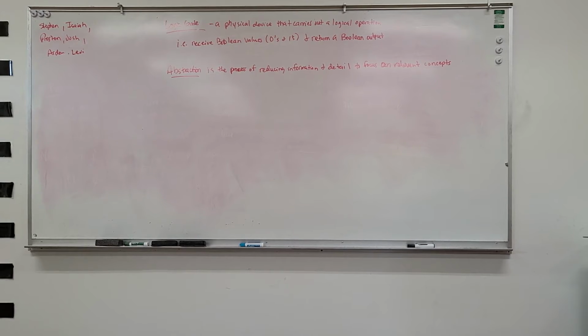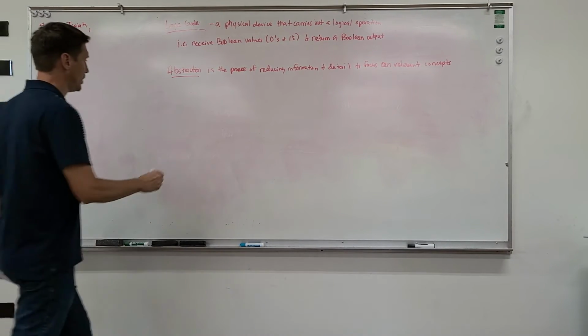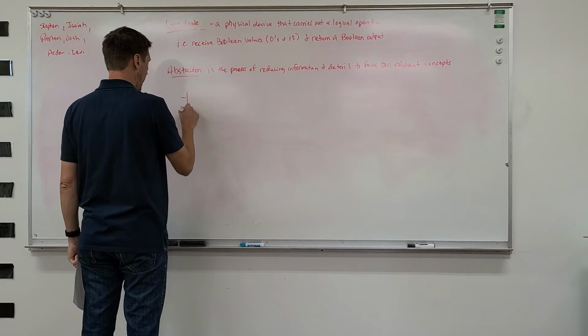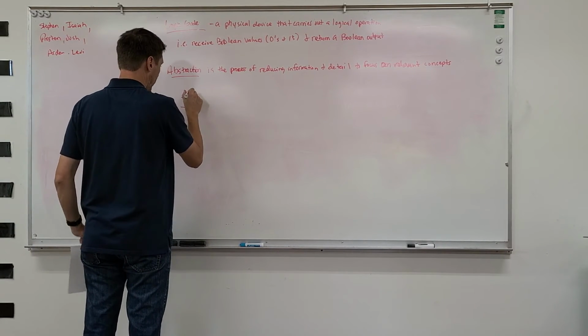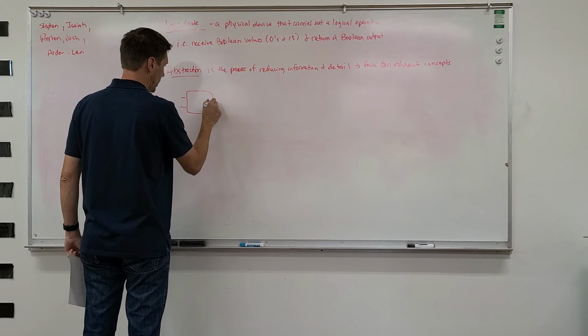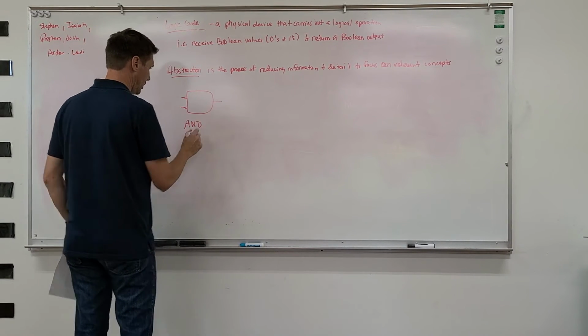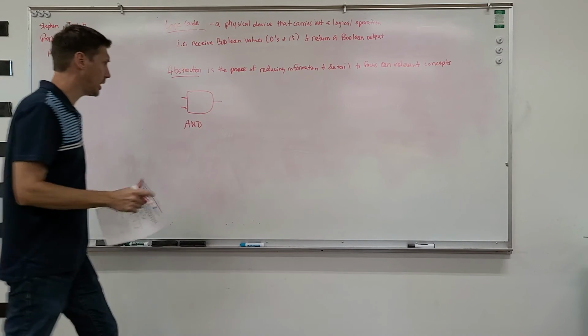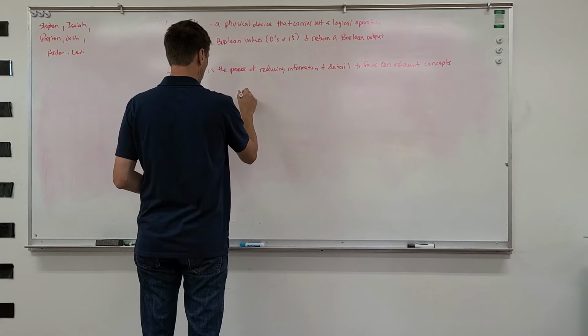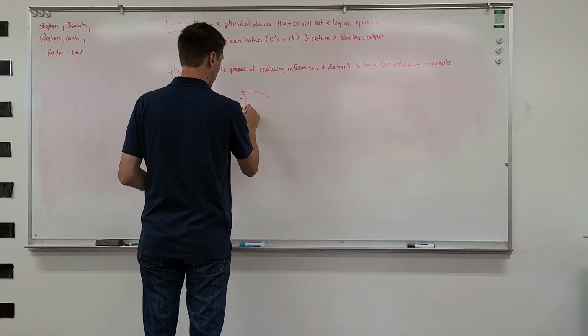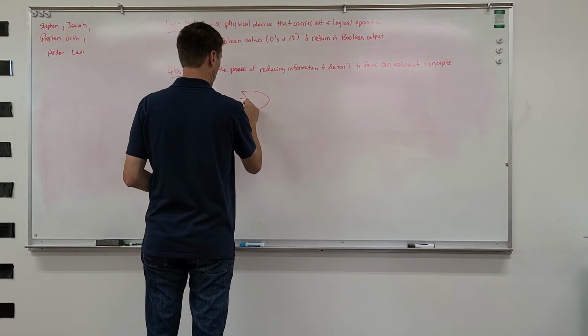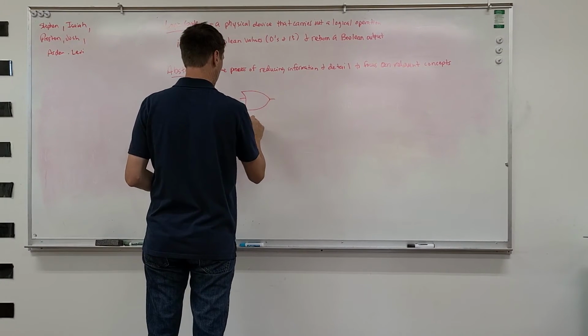In the case of a logic gate, I'm not going to tell you how to build one of these; we're not going to study that. We're just going to use a symbol to represent each logic gate. This is the symbol that we'll use for the AND logic gate. This is the symbol for the OR logic gate.